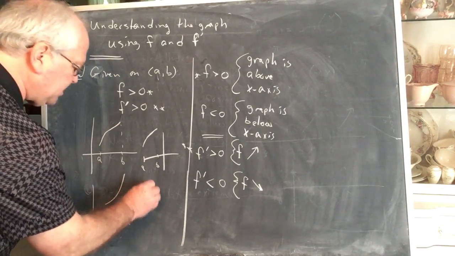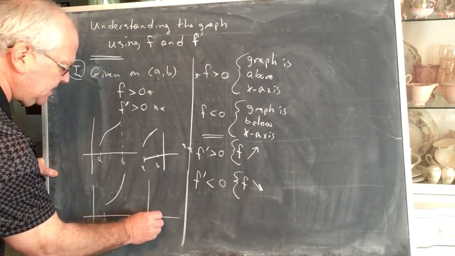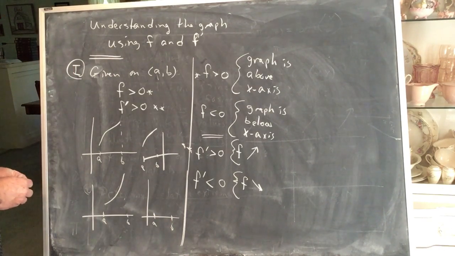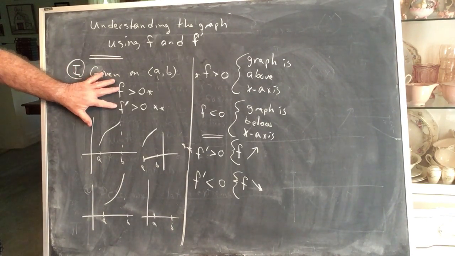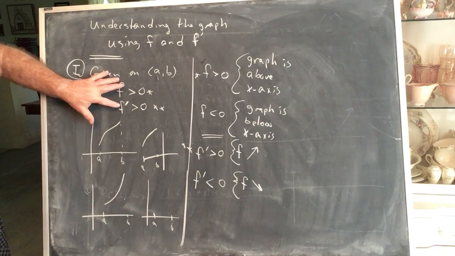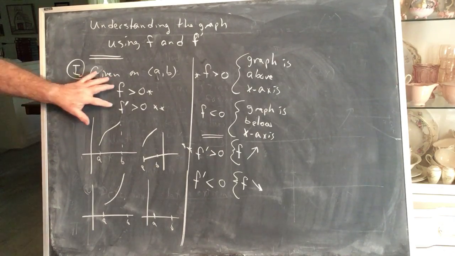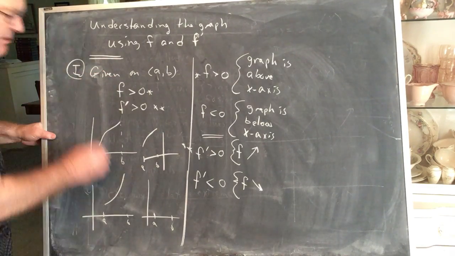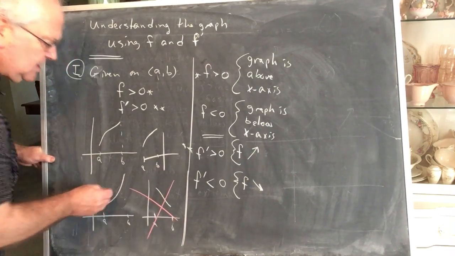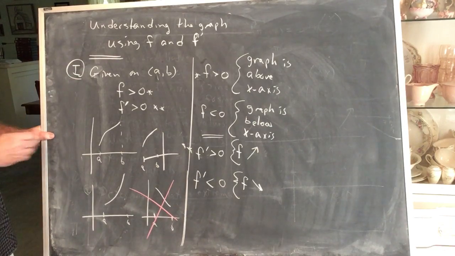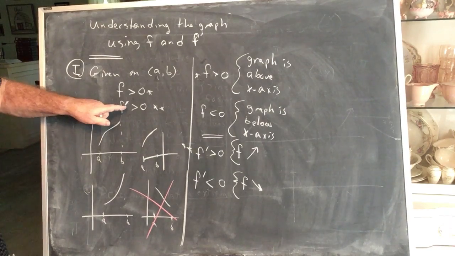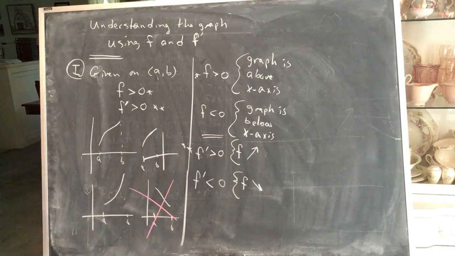What would be an example of where something would fail? Well, if this is A and this is B, something that would fail would be if either or both of these were violated. If the graph were below the x-axis, that is not where these two are both true. If the curve is above the axis but it's decreasing, is it clear? This does not meet these two requirements, because the derivative in this scenario is not positive.